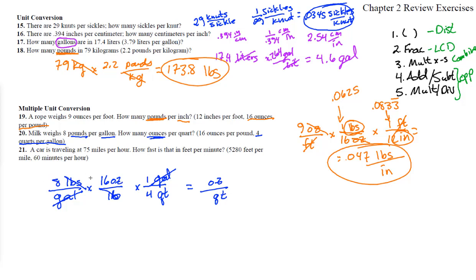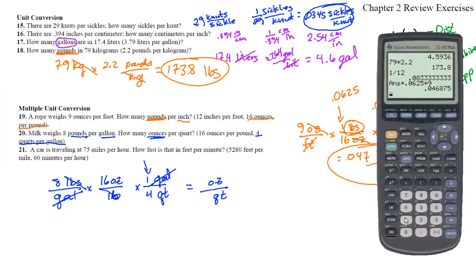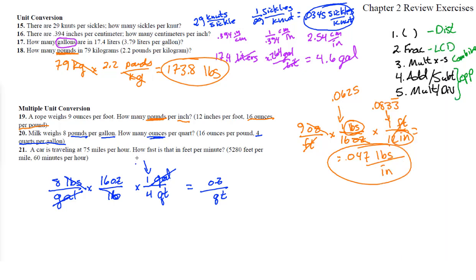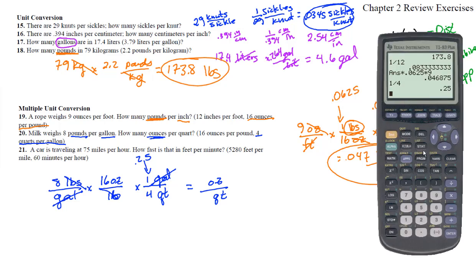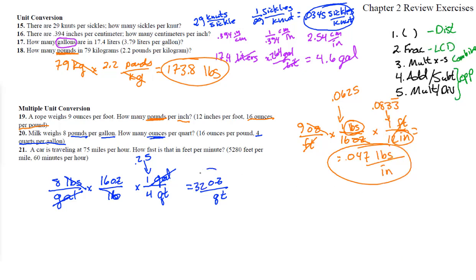So this is going to be 8 times 16, and this is a decimal. 1/4 is 1 divided by 4. That's 0.25 if I'm not mistaken. Yeah, 0.25. So you have 8 times 16 times 0.25. Let's do that. 0.25 times 16 times 8. Enter. That is 32. 32 ounces per quart.